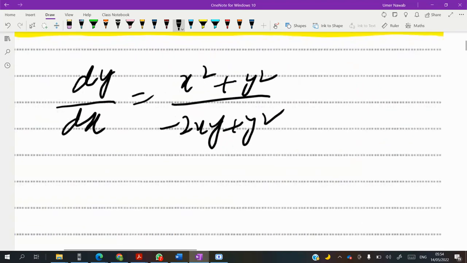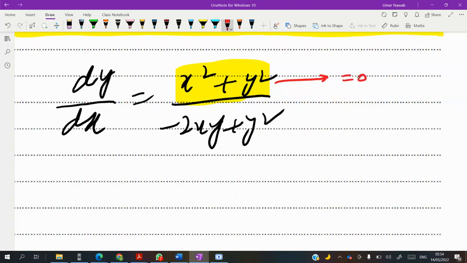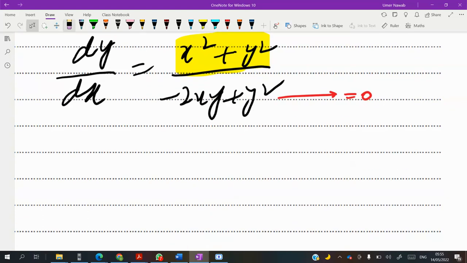If I put the numerator equal to 0, then the tangent is parallel to the x-axis. But if I put the denominator equal to 0, then the tangent will be parallel to the y-axis. Since I need the tangent parallel to the y-axis, I'm going to put my denominator equal to 0: minus 2xy plus y squared is equal to 0.